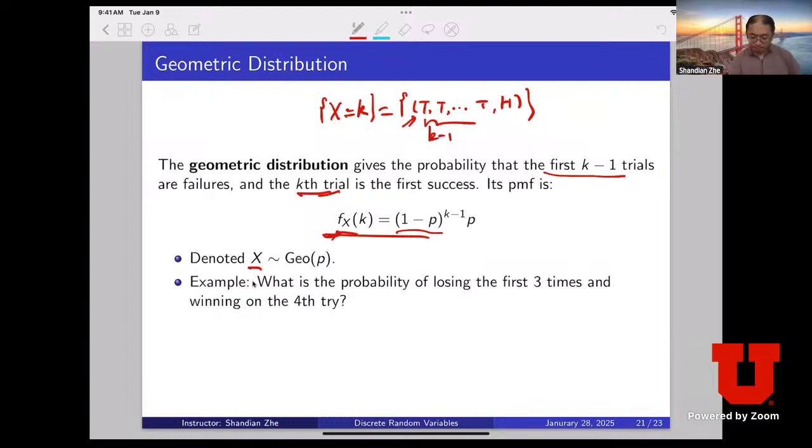So now we can do some simple practice. Suppose you try something, you flip the coin, you do some gambling, many times. What's the probability you lose for the first 3 times and win on the fourth try? Can anyone give me a formula?